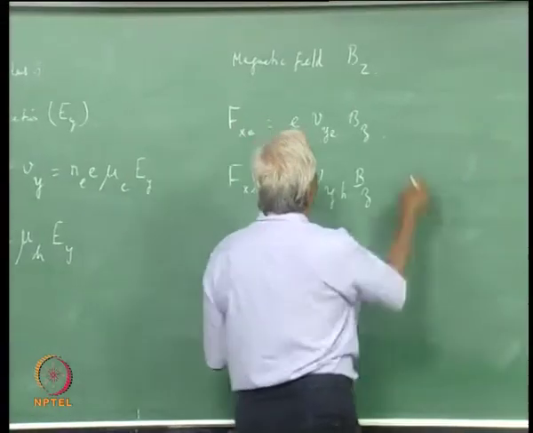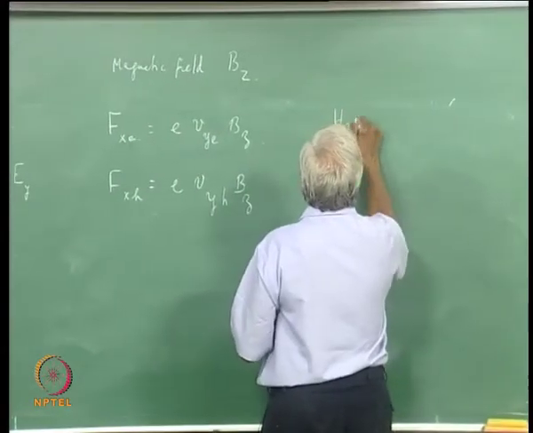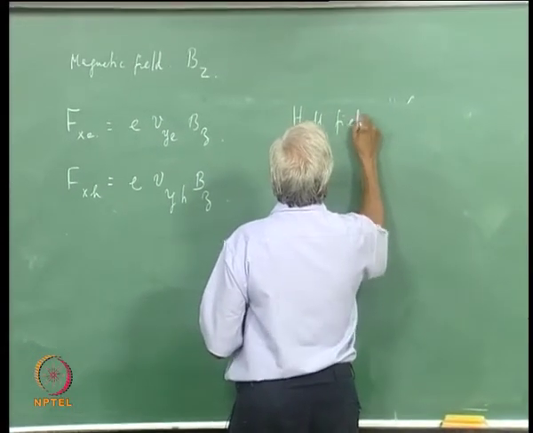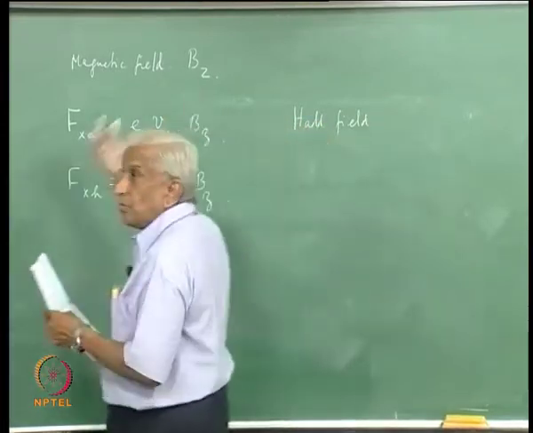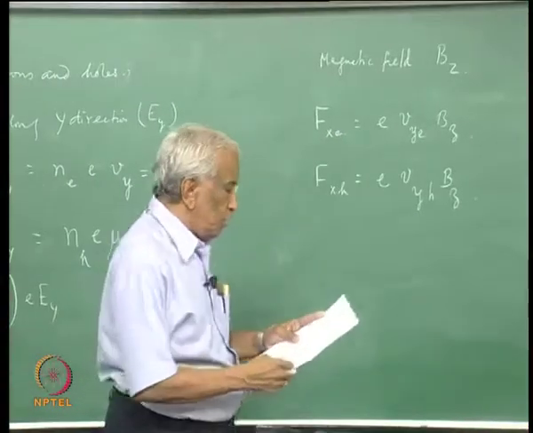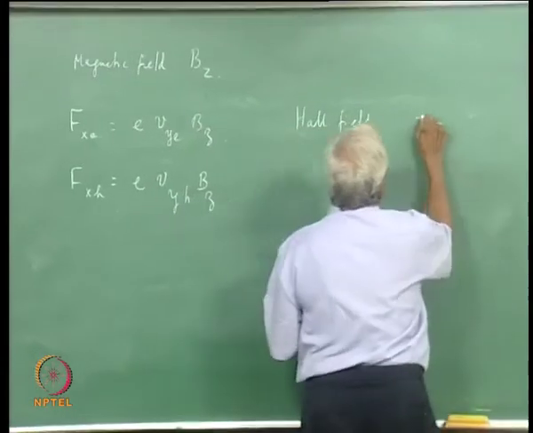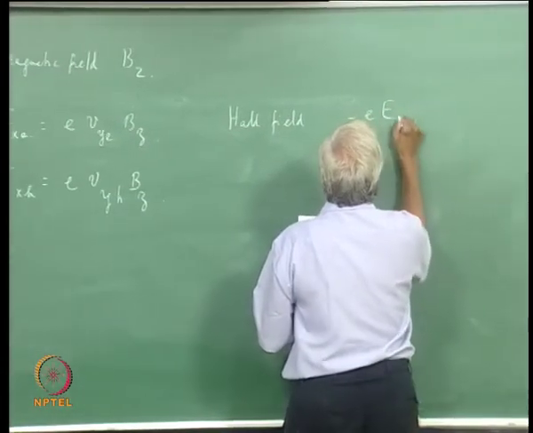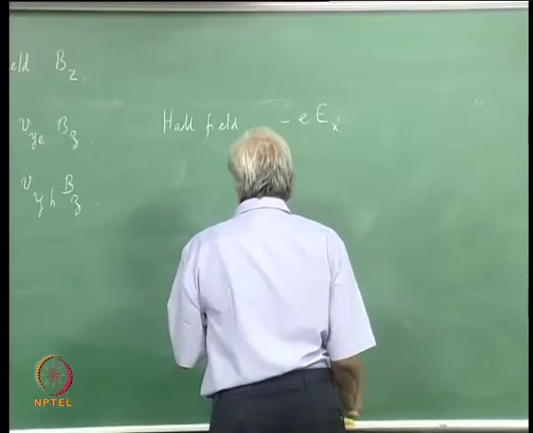So, the Hall field: because of the lateral movement of the electrons and holes, there will be Hall fields, which in the case of the electron is directed along the x direction.